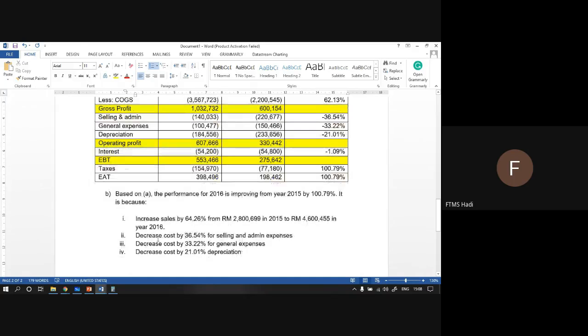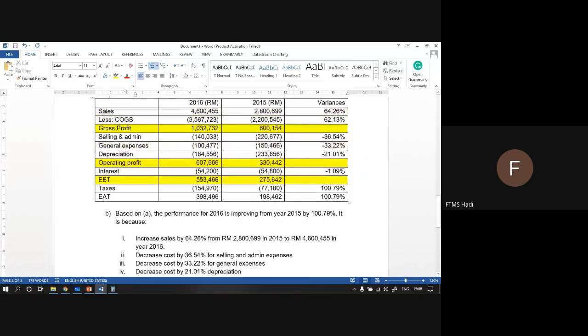The negative sign is explained by the word decrease, so you don't have to put negative anymore. So that means your explanation is purely based on the variance that you calculated. But negative 1.09, you don't have to do anything about that because it is quite a small number.